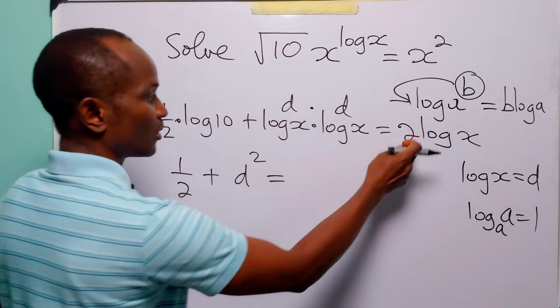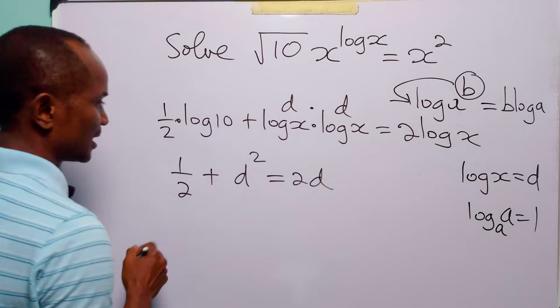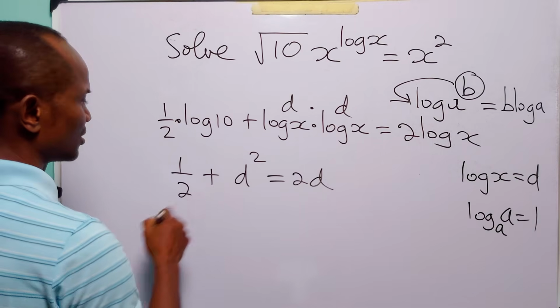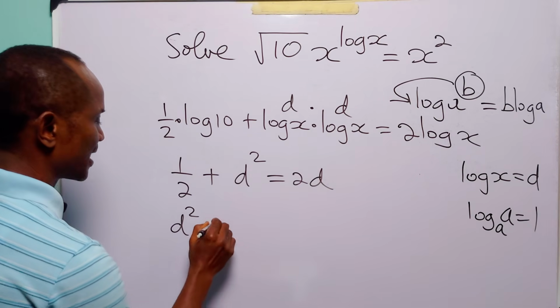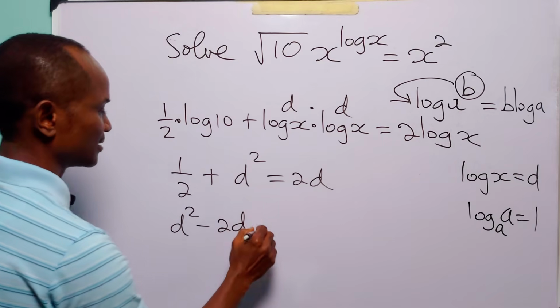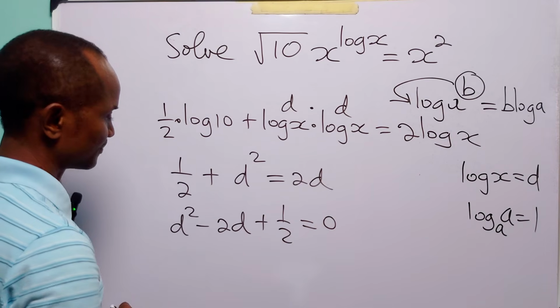And this is equal to 2 times d. Now let us rearrange this equation. We have d squared minus 2d plus half is equal to 0.